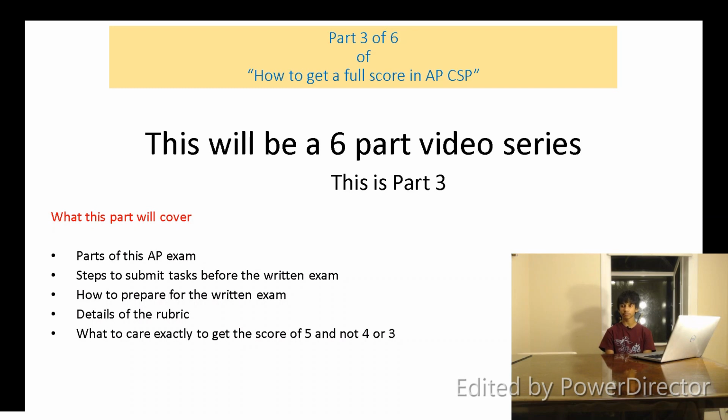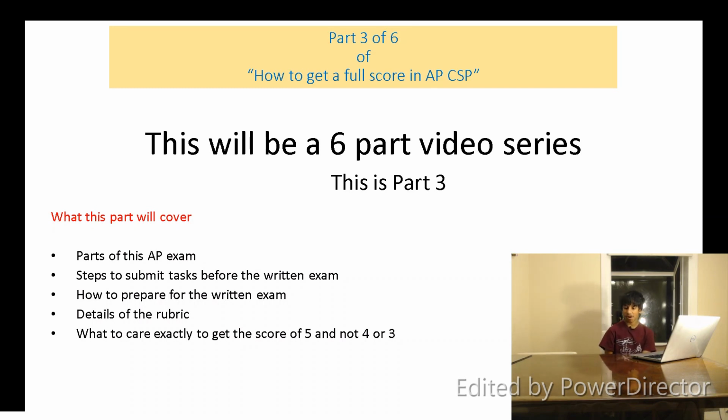So let's end the episode by summarizing the most important parts in this part to getting a score of 5 on the AP-CSP exam. One thing I noted was that 40% of the total AP score is from the Create and Explore tasks, while 60% of the total AP score is from the multiple choice exam.